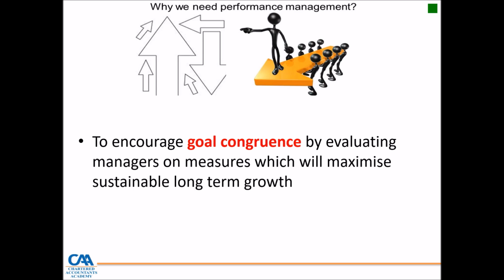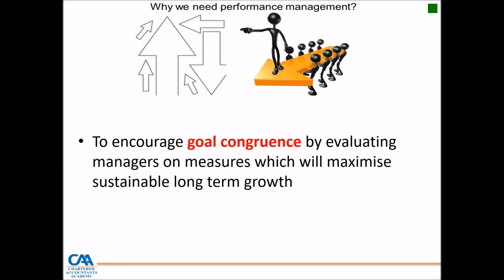Therefore, performance measures need to ensure goal congruence. For example, if bonuses depend on short-term profits, managers will do anything to increase these profits. This might not be in the best interest of an entity that wants to invest in long-term sustainable growth.